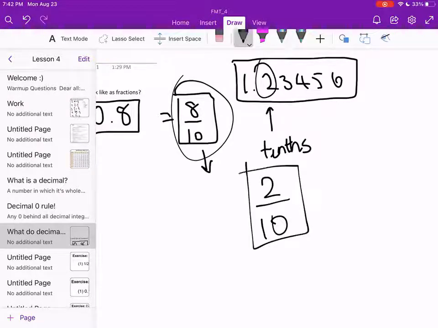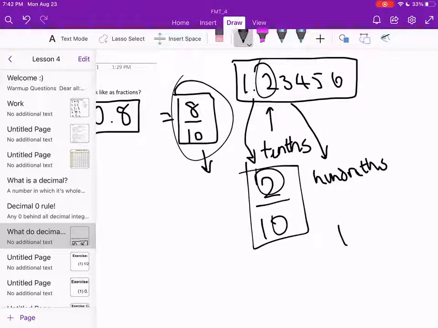That is the value that it represents. So notice how the 2 is here. And then this is the hundredths. The hundredths, that means that your denominator is going to be 100. And then that number will be represented there.